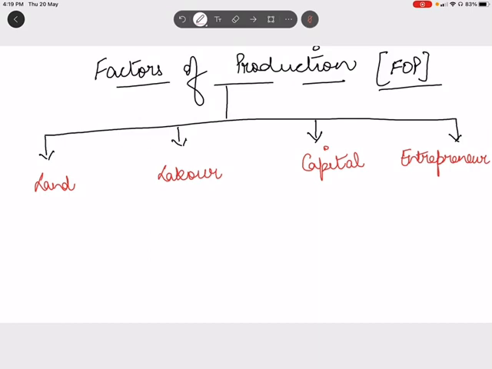First one is land. Right, now I have just taken an example of a factory in which I am producing plastic water bottles. Definitely a factory is going to be established on a piece of land. I need to buy a piece of land on which my factory would get established. Right. Second one is labor.